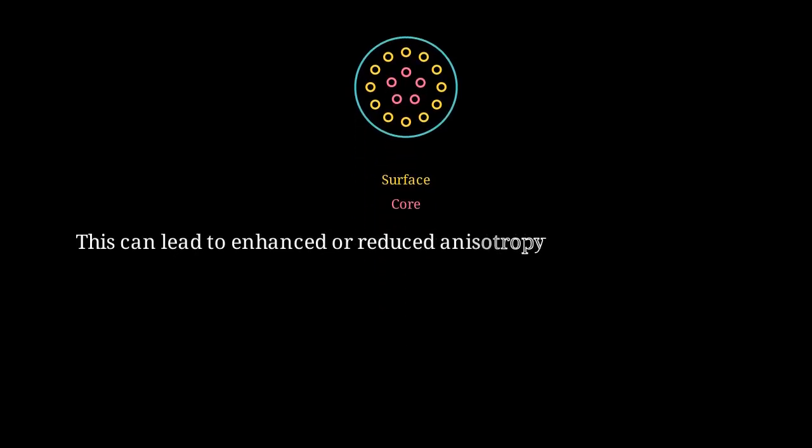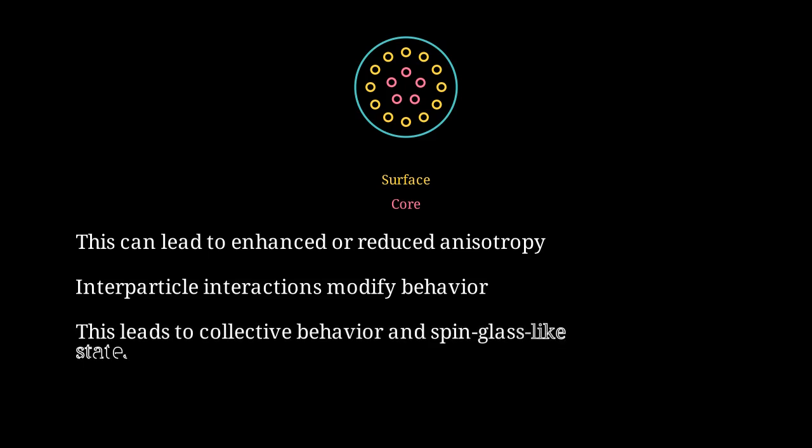Surface effects can either enhance or reduce the effect of anisotropy, depending on the material and surface chemistry. In real systems with many nanoparticles, magnetic interactions between particles can significantly modify the superparamagnetic behavior. These interactions can lead to collective behavior and complex spin glass-like states at low temperatures.